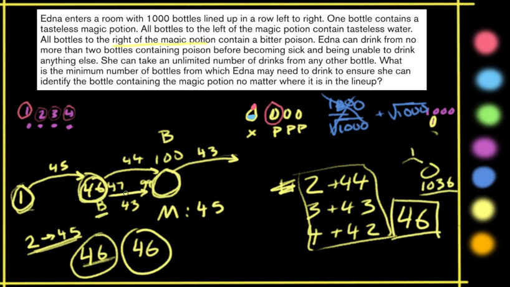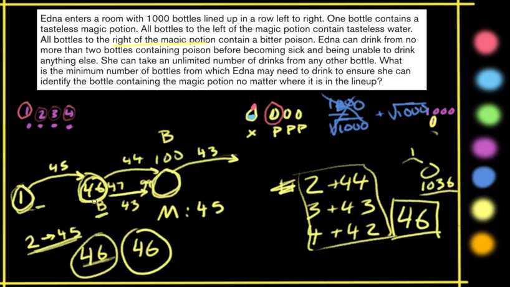I'm starting to think there might be one more slight optimization, which is maybe you don't have to go back to the very first bottle. So for example, do you need to taste bottle 2 if 46 is bitter? Let's say you taste bottle 1, it's fine. Then you go and you taste bottle 46 and it's bitter.